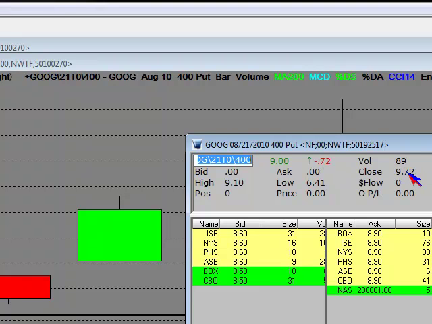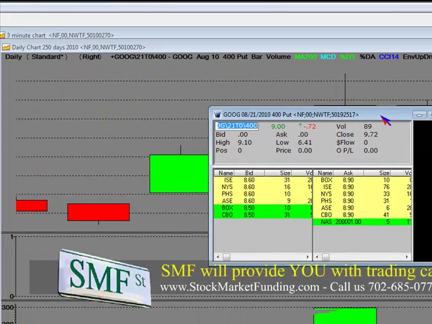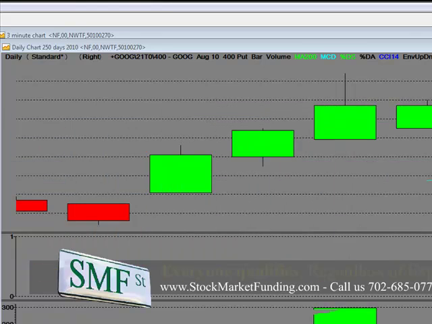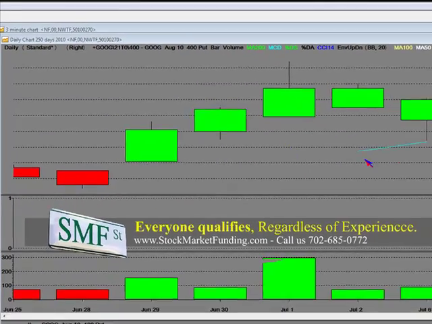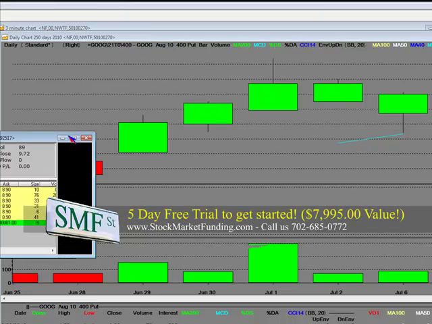This would have been the close on Friday at 9.72. So yesterday's action on 7/6 dropped that down there. What I do want people to realize is that Google itself had a $10 down move.